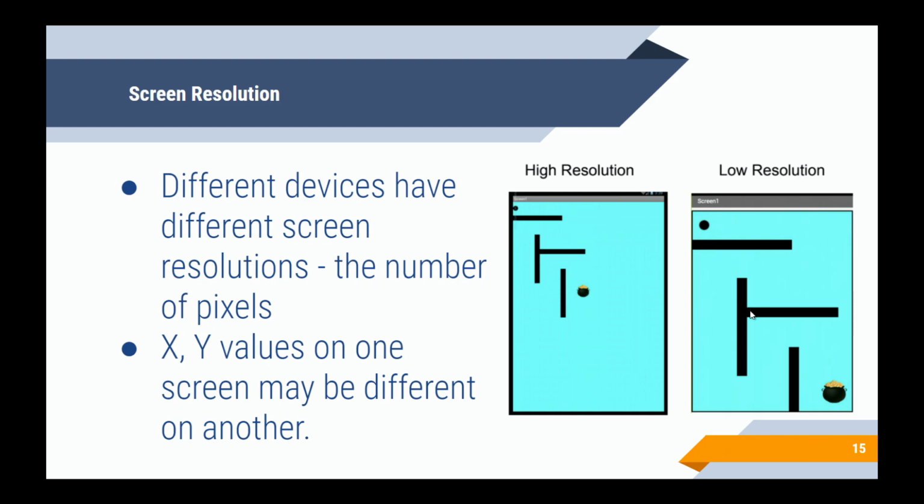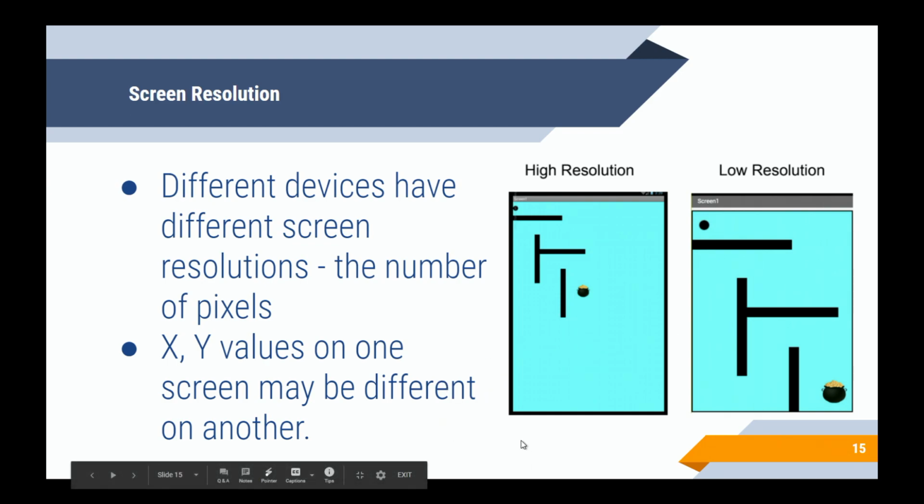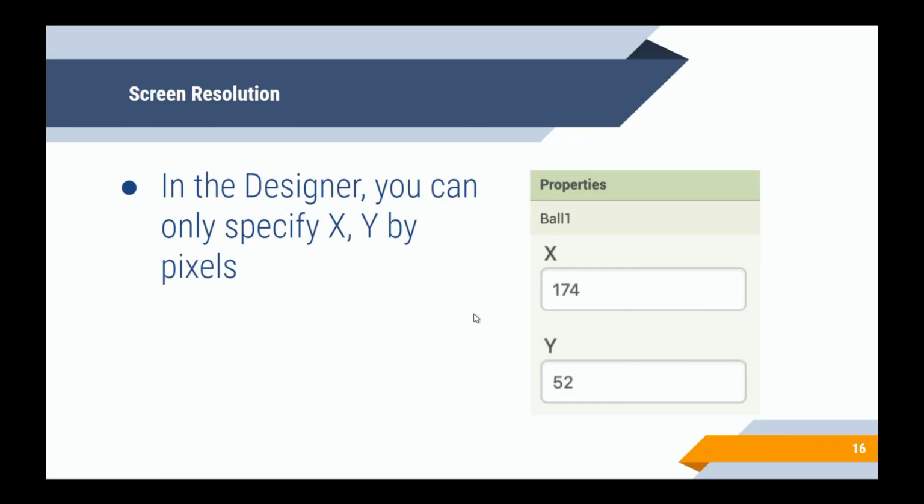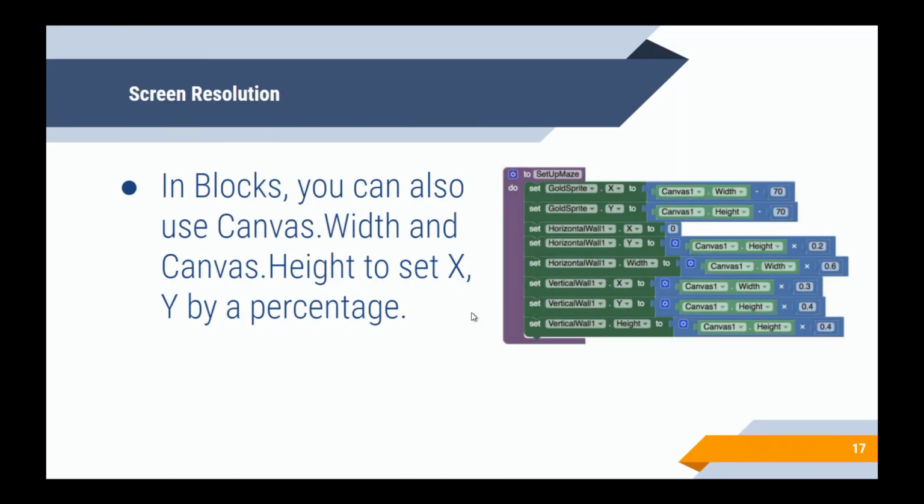In other words, on a 4K screen, you'd have 4,000 pixels, and if you had a 2K screen, it would be a little less than 2,000 pixels. In the designer, you can only specify X and Y by pixels. In blocks, you can also use canvas.width and canvas.height to set the X and Y by percentage.